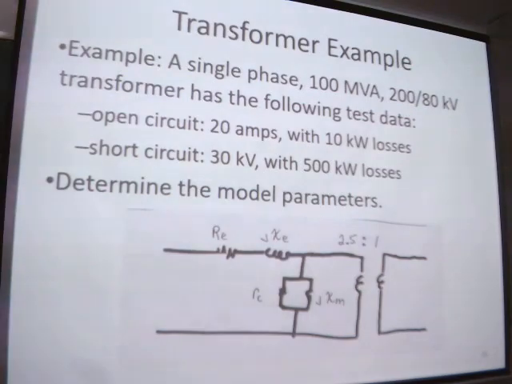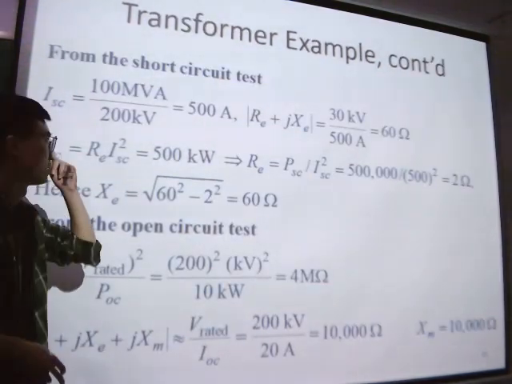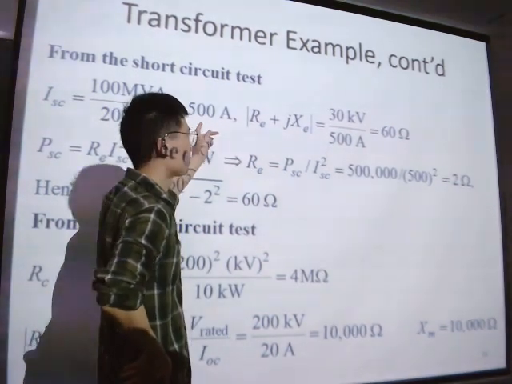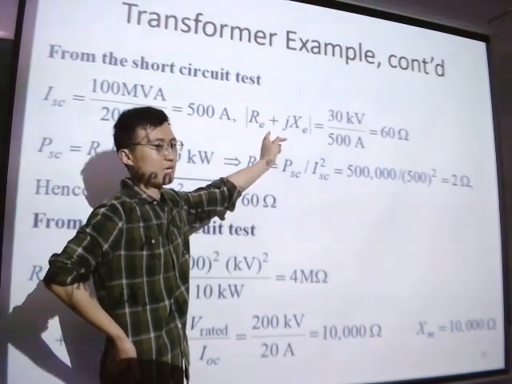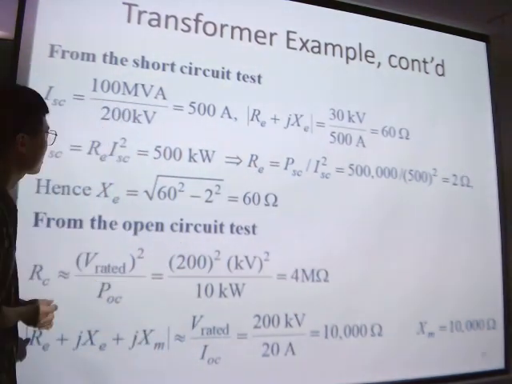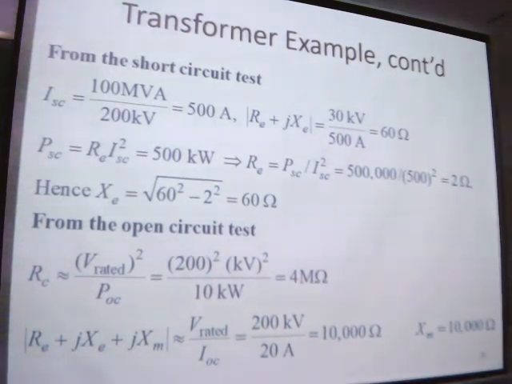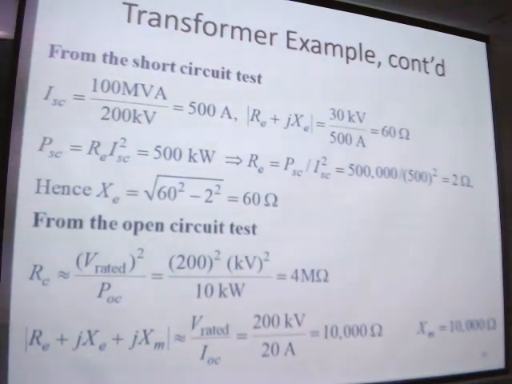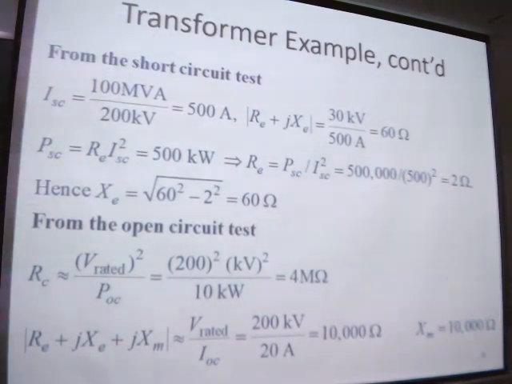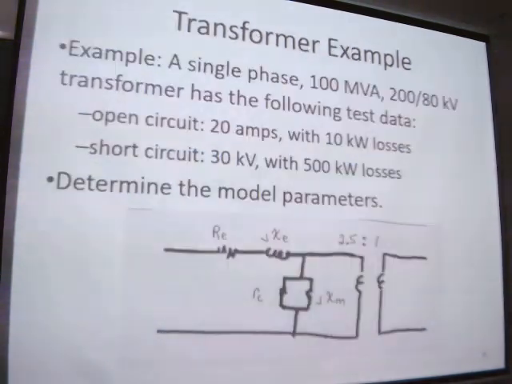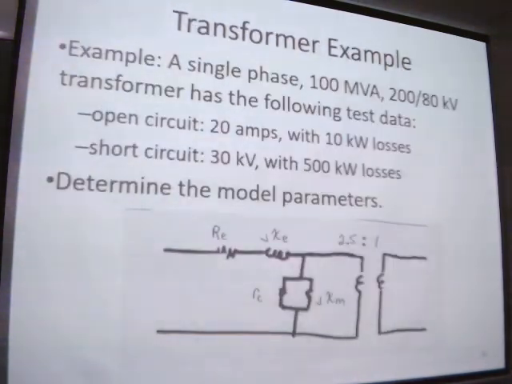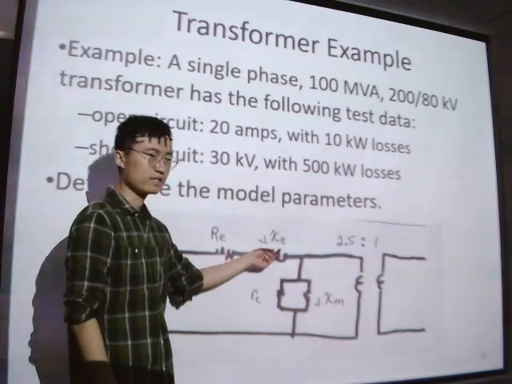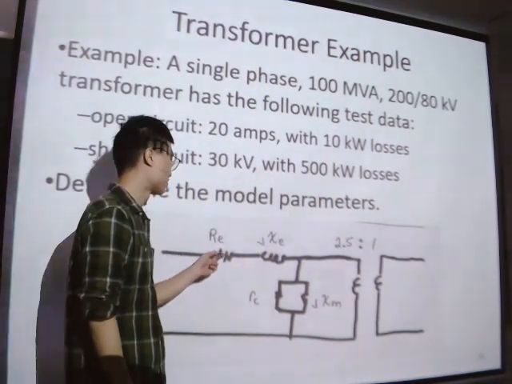So the voltage is 30 kilowatt, and this is current losses between the 60 ohm. Okay, so the sum of these two. So we're going to see the active power or real power of this, and here is the reactance, okay? So here is the resistance.